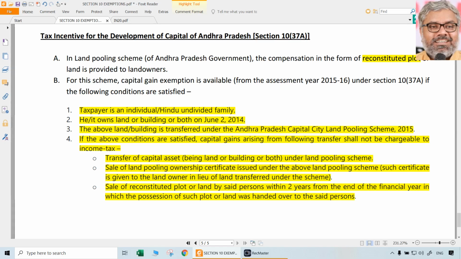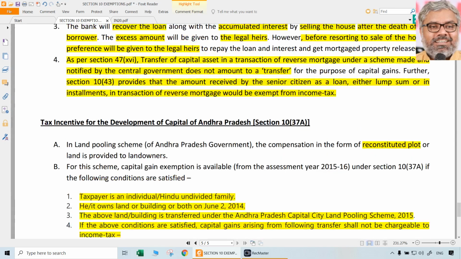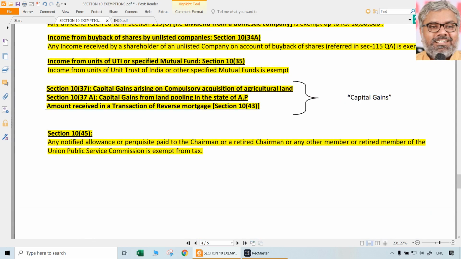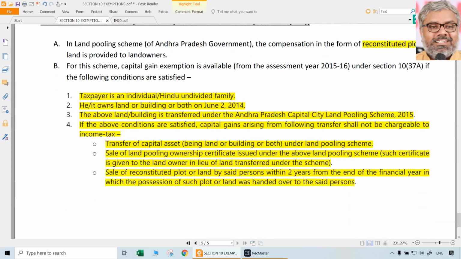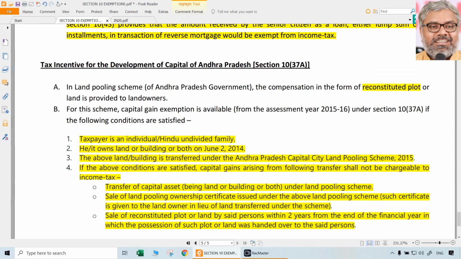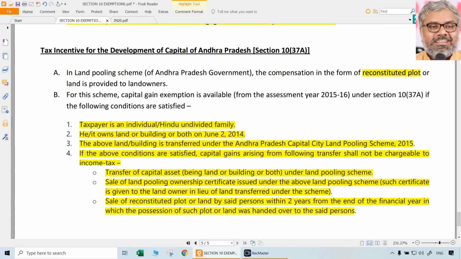And a lot of people actually bragged about their achievement, that this provision has been achieved in Parliament. We fought for it and we got it, like that they are telling. I don't know for what reasons, when 10(37) is already there, which was supposed to be exempt anyway. What extra did these farmers get in the form of 10(37A) because of the scheme framed by the government?